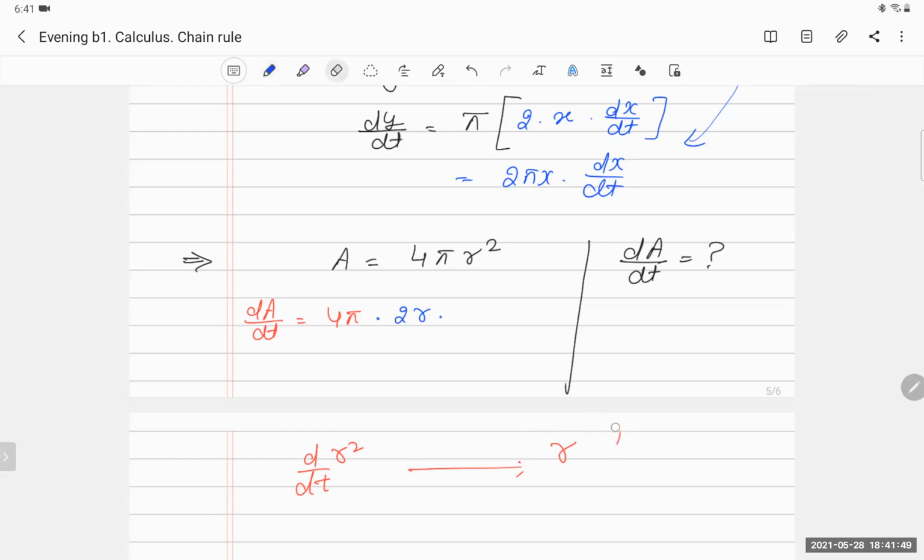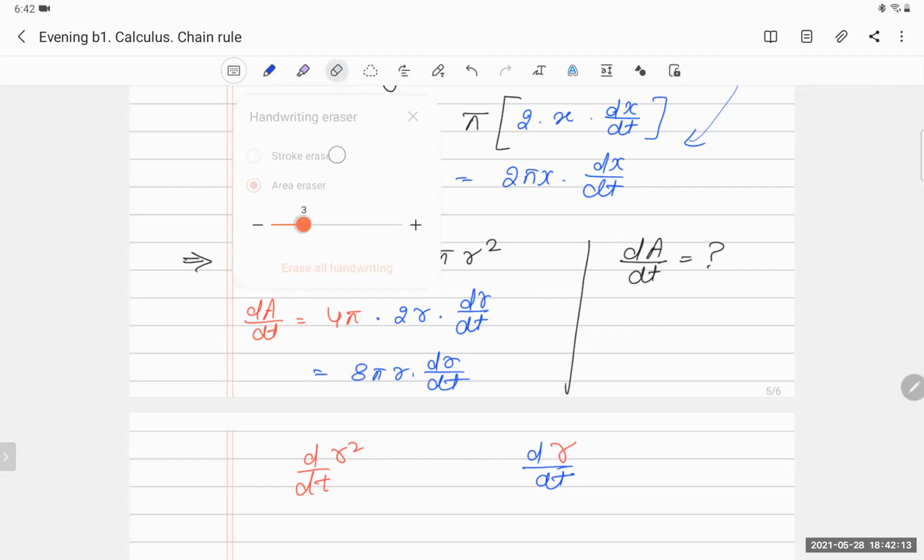Now what am I left with? r. But I have to differentiate with respect to t. So simply dr by dt. So it will become 8 pi r dr by dt. Got it? Yes, sir. Thank you. Again, clear?